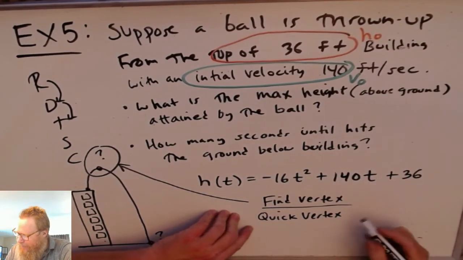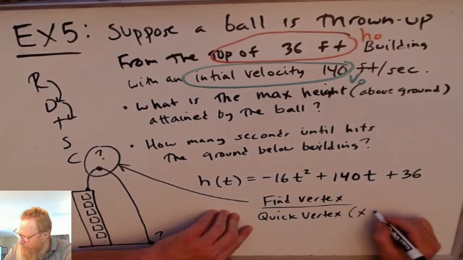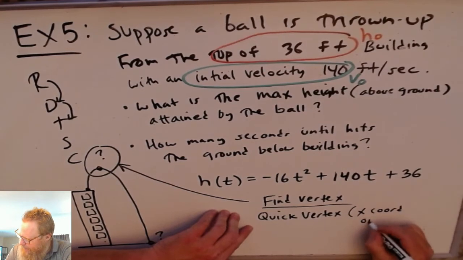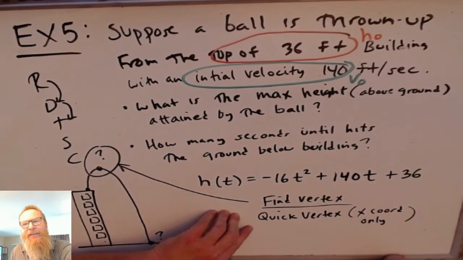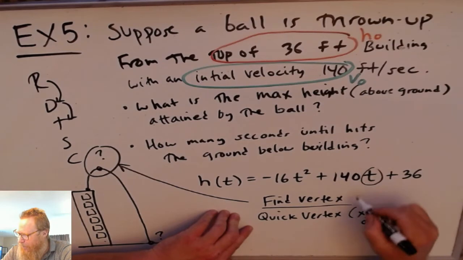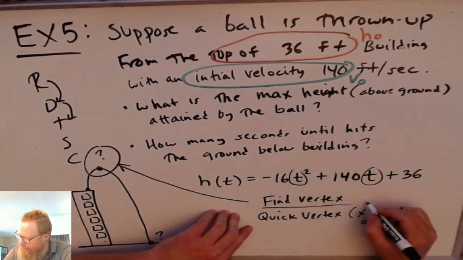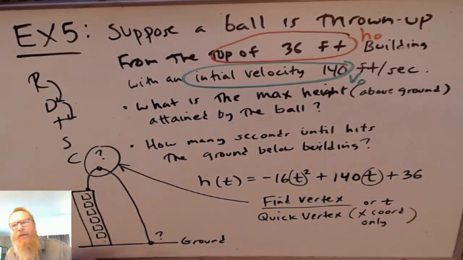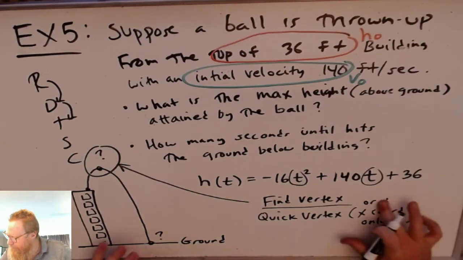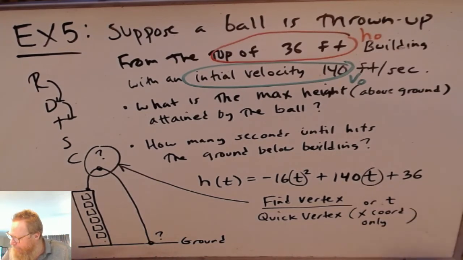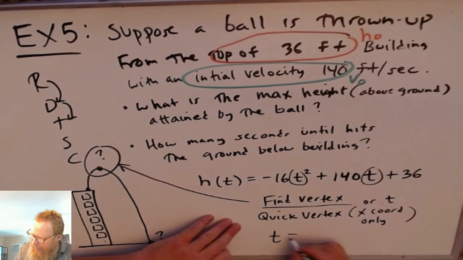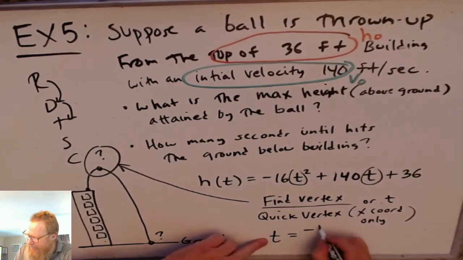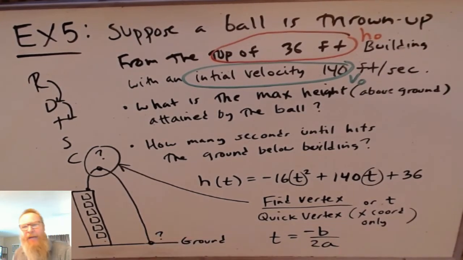All right, it gives you the x coordinate only. So it doesn't give you the entire thing. Or in this example, the t coordinate. X or t coordinate only. It does not give you the y value. So x, or in this case t, is negative b over 2a.